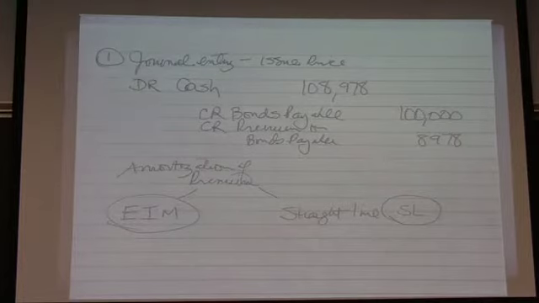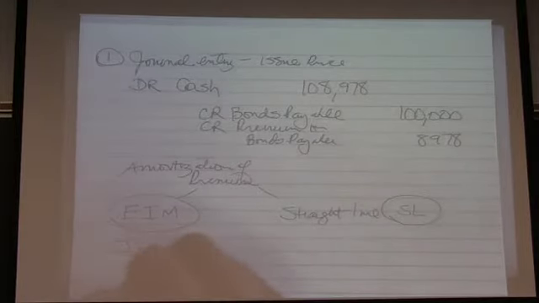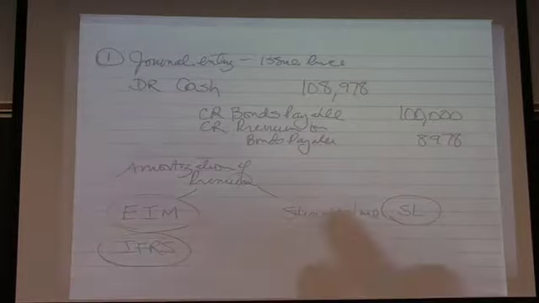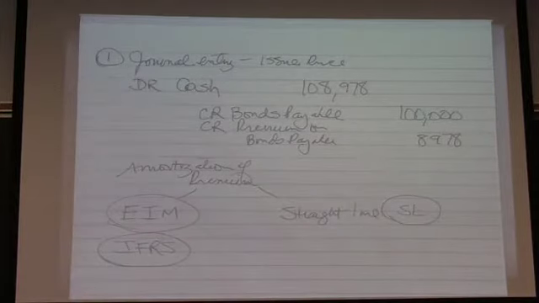Now, there's only one method allowed under IFRS, and this is the effective interest rate method. This is the only method allowed. Straight line is not allowed by IFRS.